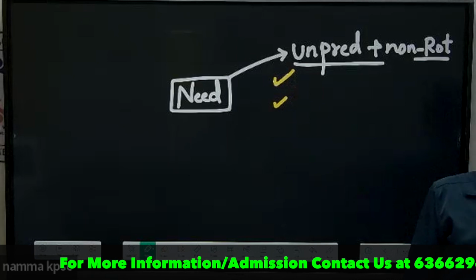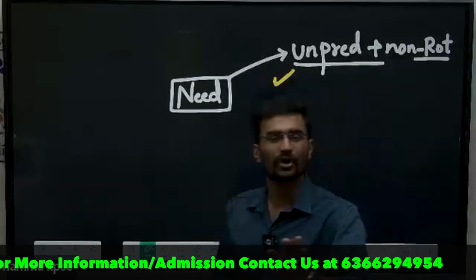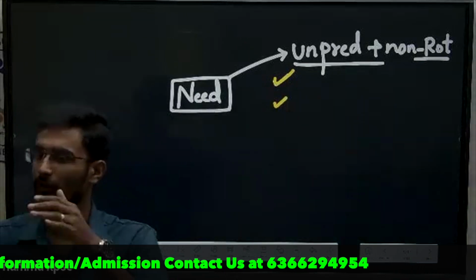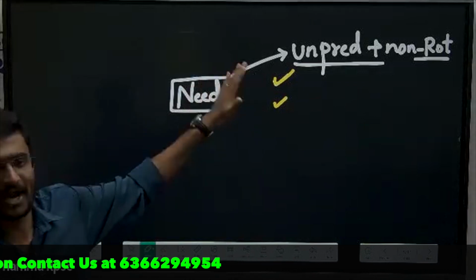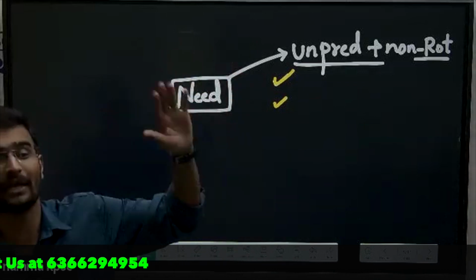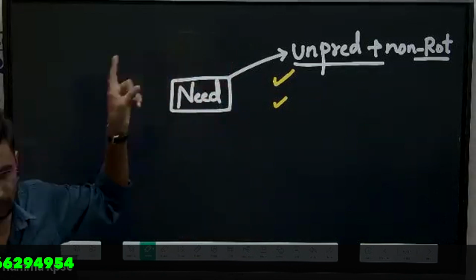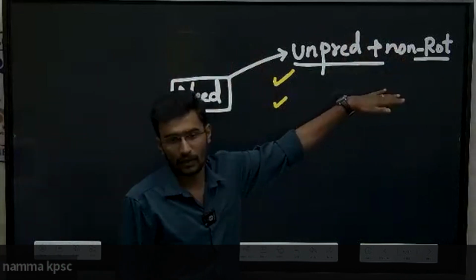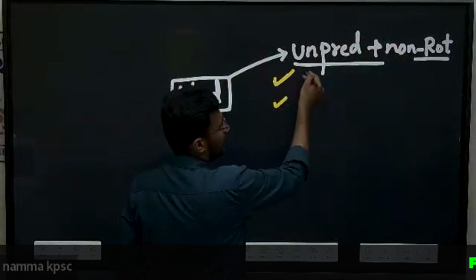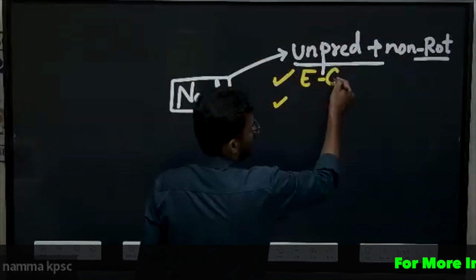Majority of the projects are unpredictable, and we call them non-routine work also, excluding administrative work. All the R&D work comes under non-routine. Take the example of implementation of e-governance.